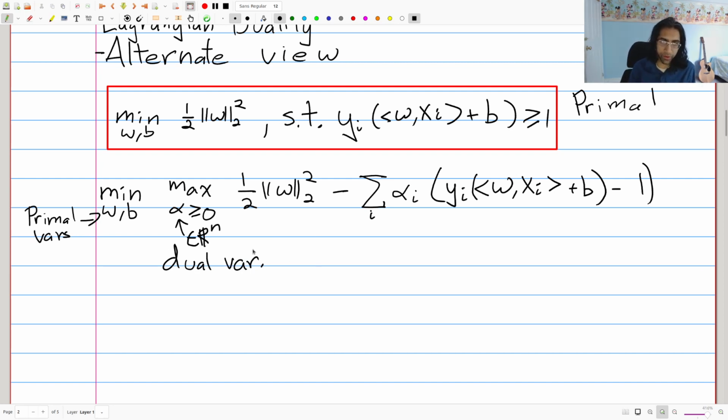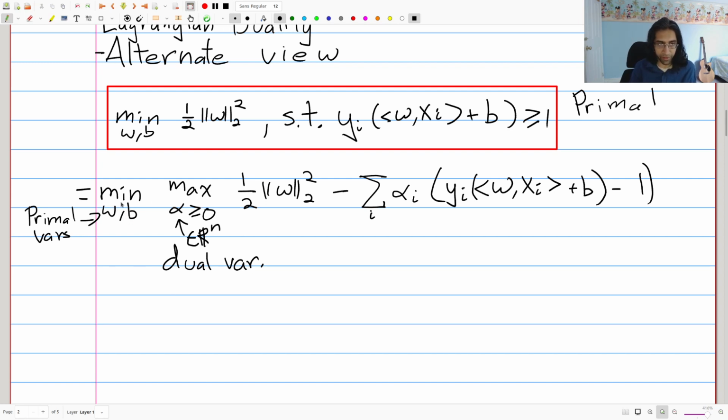Now, what we're going to do is swap the order of the min and the max. This is not something you can do in general. These two problems are actually equivalent; the values are going to be equal.